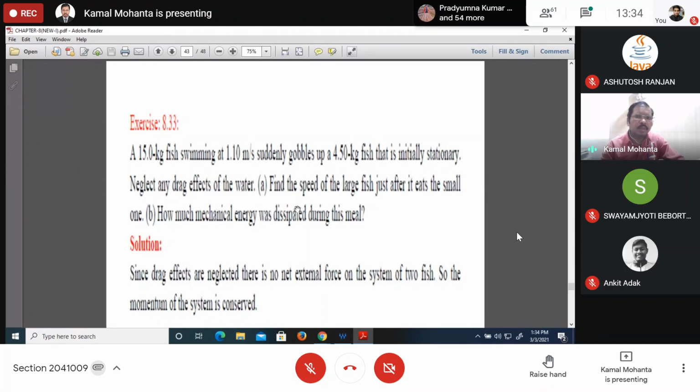Part A: find the speed of the large fish just after it eats the small one. Part B: how much mechanical energy was dissipated during this meal? So if we observe it, one big piece is there, a small piece is there, so the big fish is eating the small fish. That situation is here.